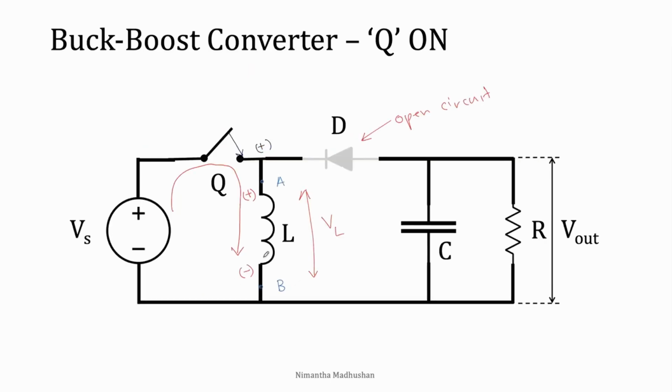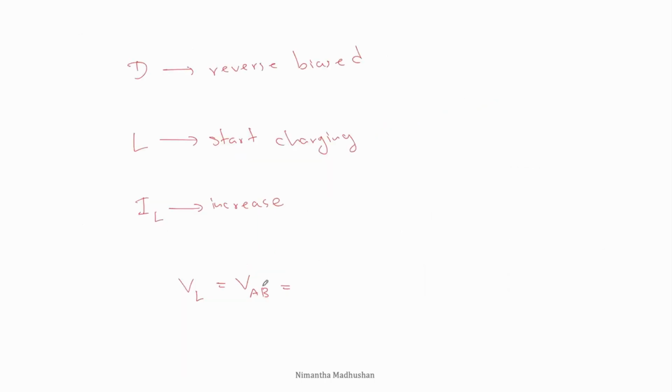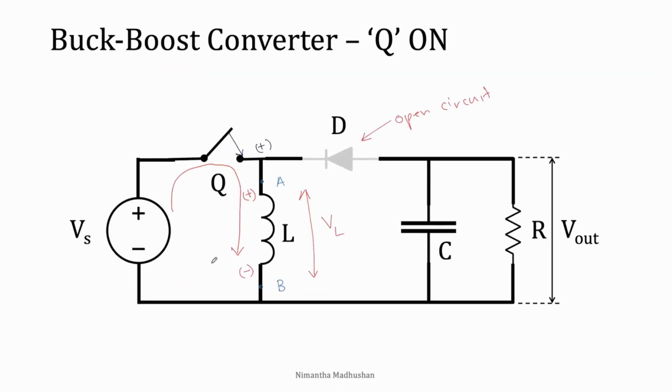The total supply voltage is applied to the inductor if the switching loss is 0. Then we can neglect that switching loss. Then we can write VL is equal to Vs. It is the supply voltage is directly applied to the inductor. That is the operation during the Q is on.